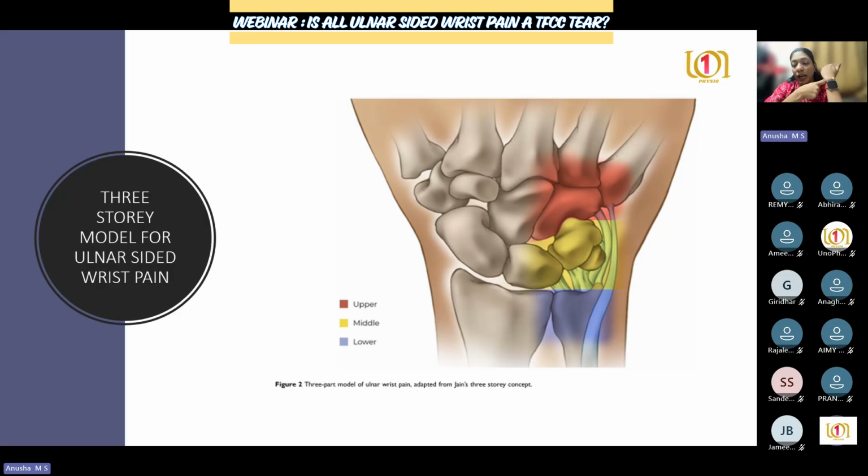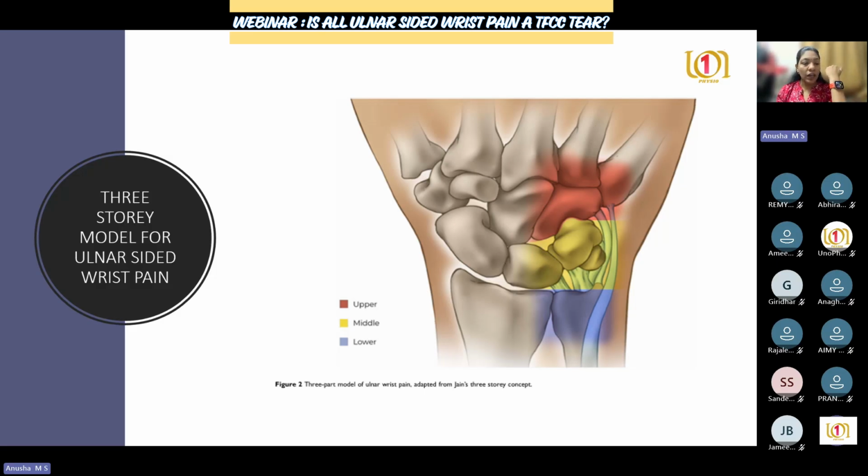The structures at the level of the styloid, that is the TFCC, go under the middle story, and the structures below, in the sense the joint, are the lower story. If you identify the condition of the patient based on upper, middle, and lower story, then it is easy for you to reach the diagnosis.